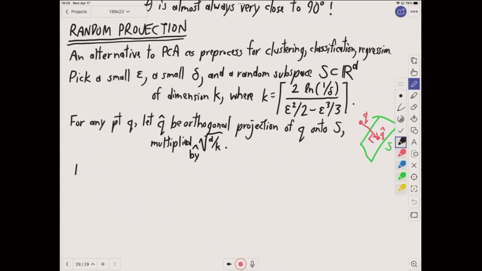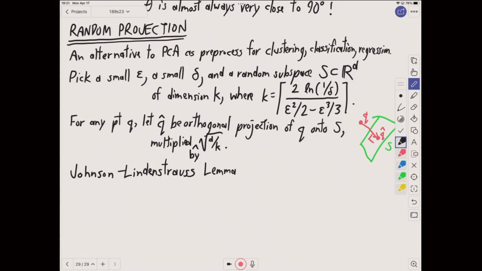Now, the main theoretical result that underlies this idea is a very famous theorem called the Johnson-Lindenstrauss lemma. Since Johnson and Lindenstrauss's original paper, many people have worked over their results, tightening them a little bit, simplifying the proofs.